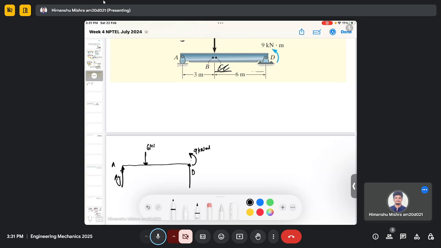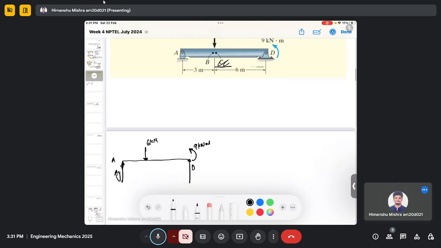This is 6 kilonewton. This is B and this is C. Right.